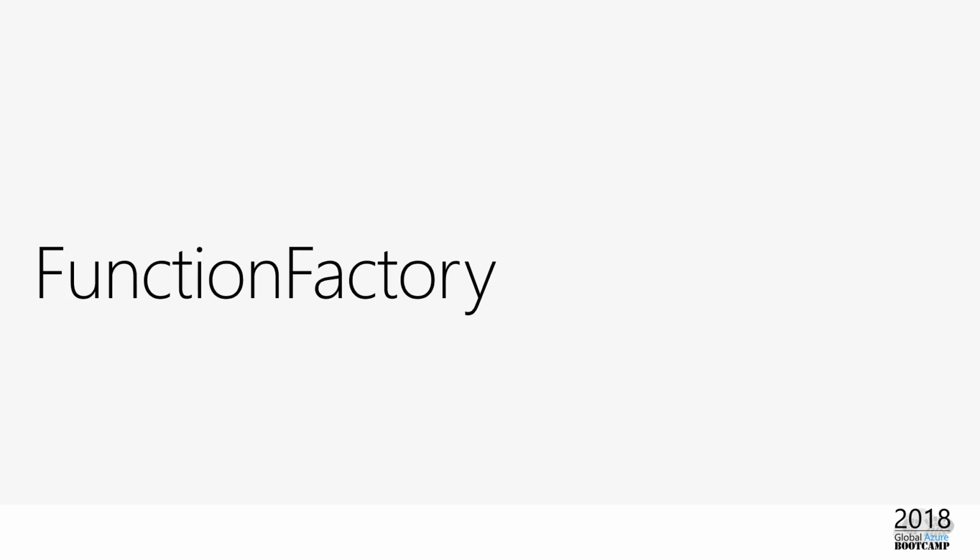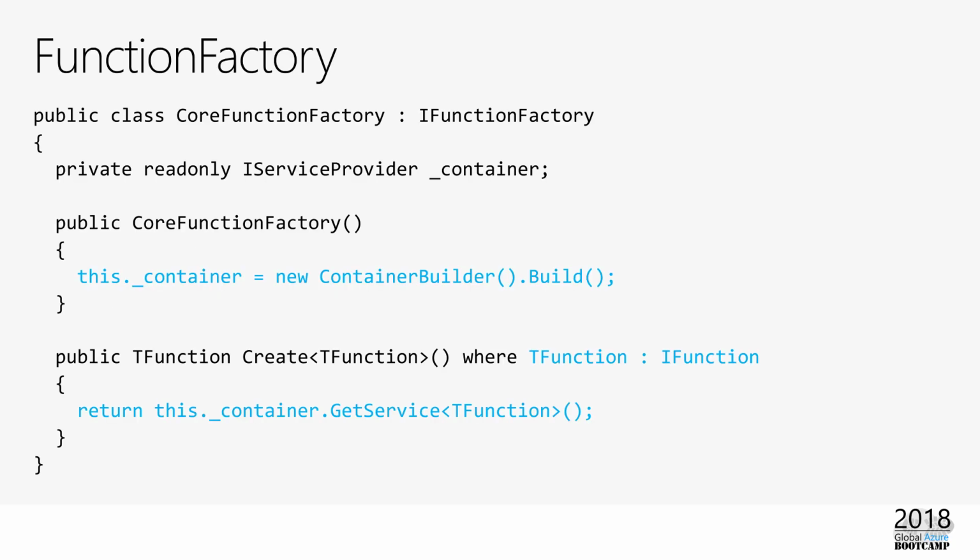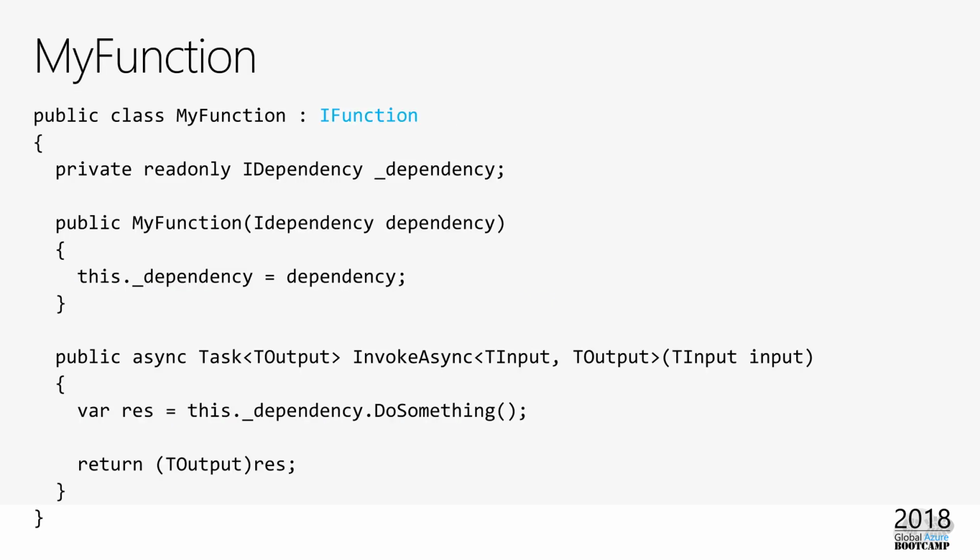So let's introduce the function factory. We define a function factory like this, and within the function factory, we build a container inside it. When we create a function through the function factory, it returns the function instance like this. And this is my function.